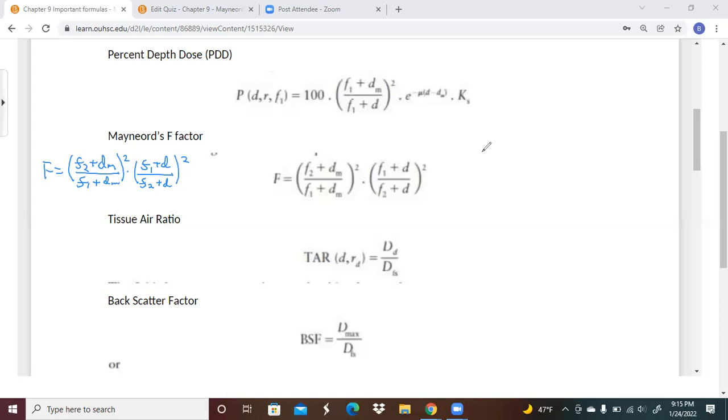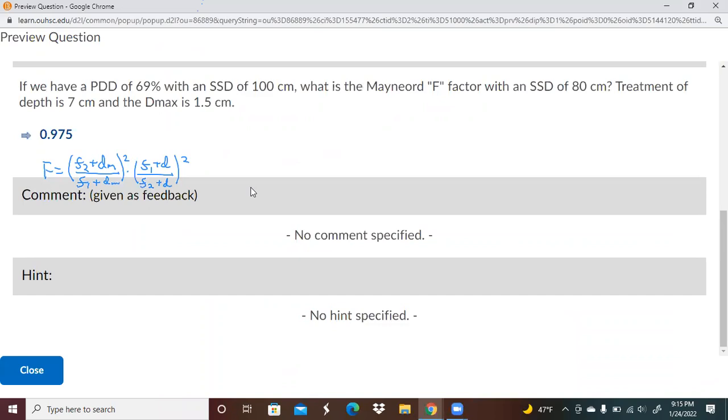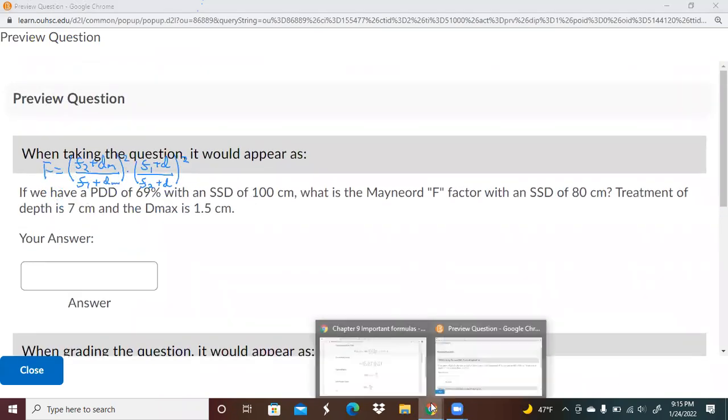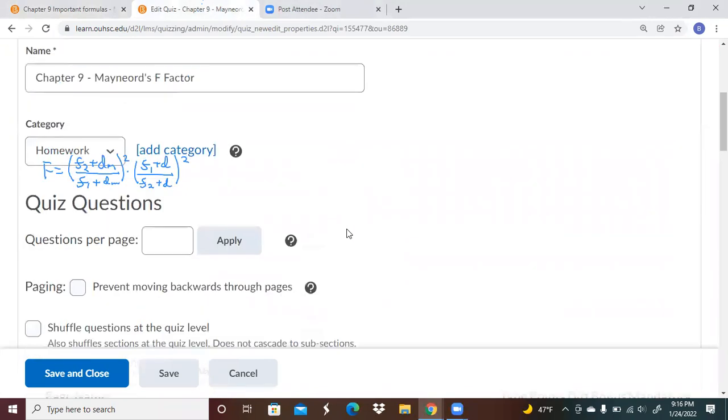So what we're going to do now, I have to discontinue this, but it should keep as I go to the problem here. Now, the problems that we have in this particular quiz are going to come from this particular homework assignment.